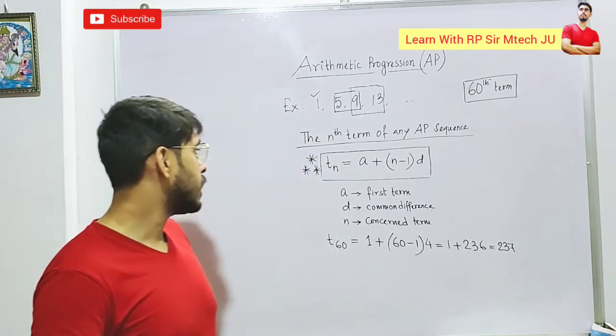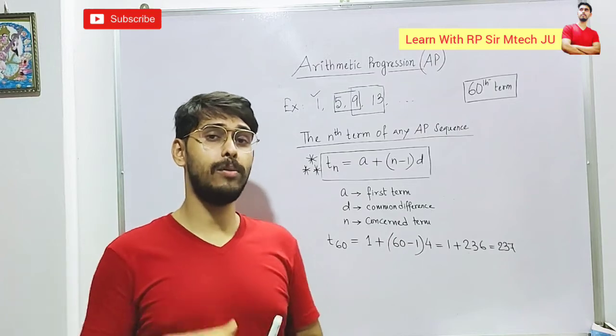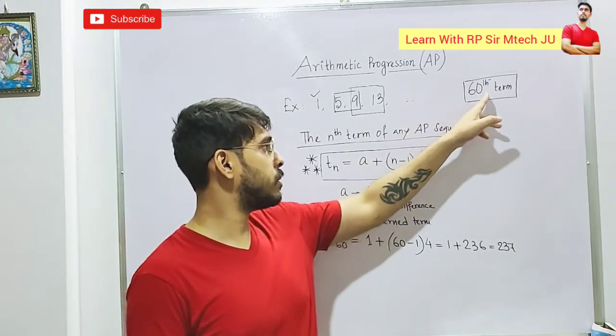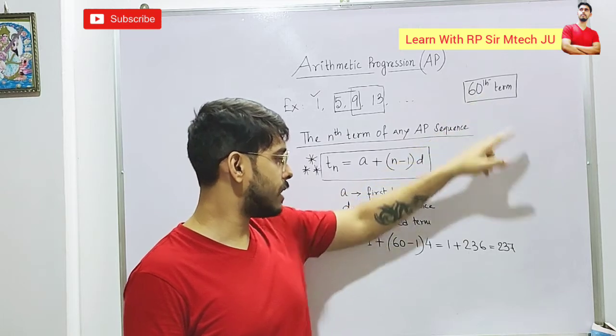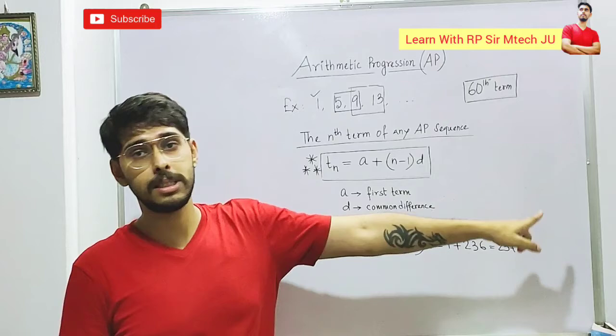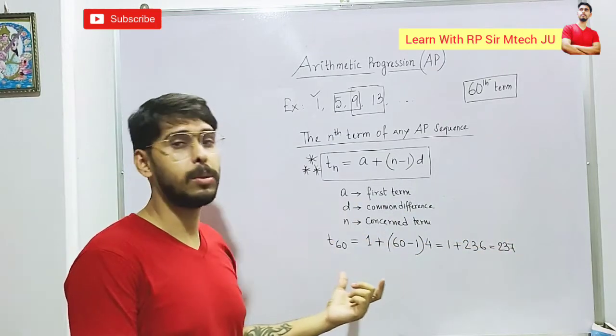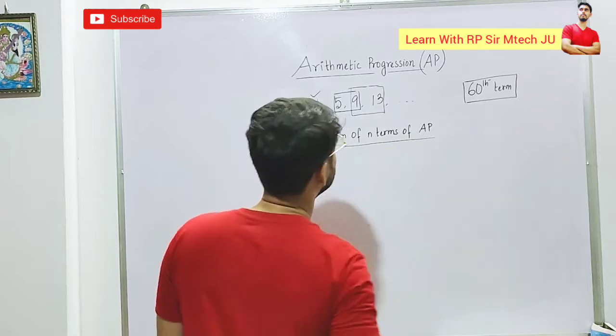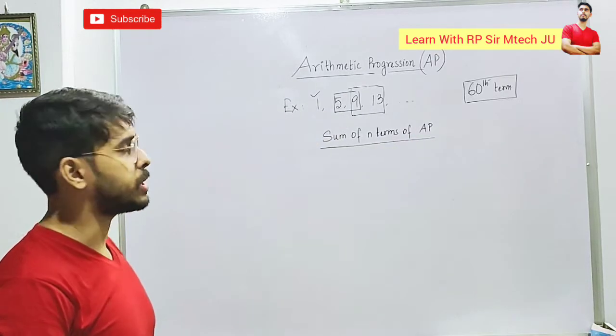The next one is to find out the sum of the n terms of the AP sequence. So we have found out that the 60th term is this one. What will be the sum right from the first term to the 60th term? There is a formula related to that also. So let us find out. Sum of n terms of AP sequence.